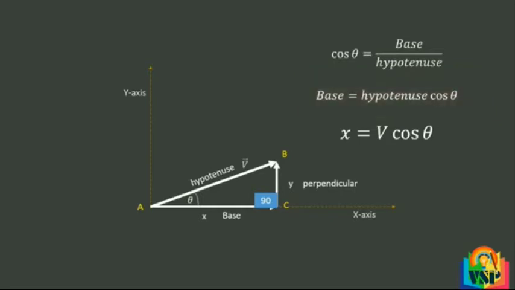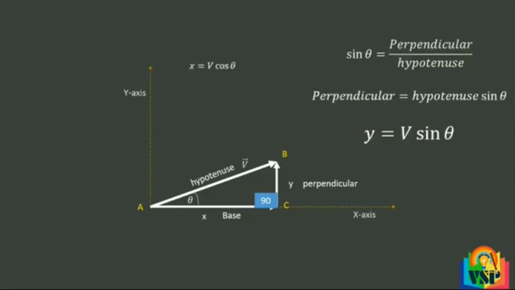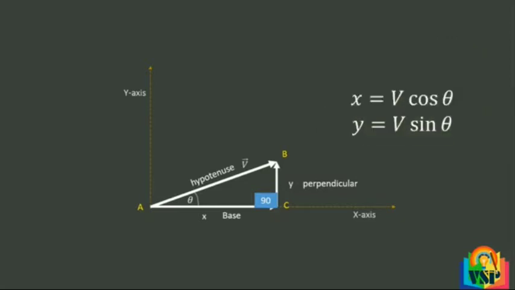Similarly, sin theta is equal to perpendicular by hypotenuse. Perpendicular is equal to hypotenuse times sin theta. Then y is equal to v sin theta.